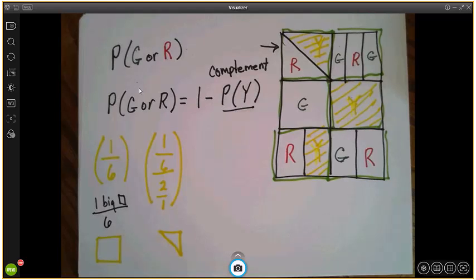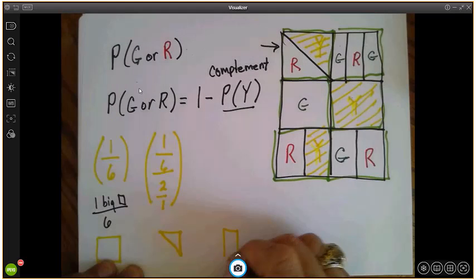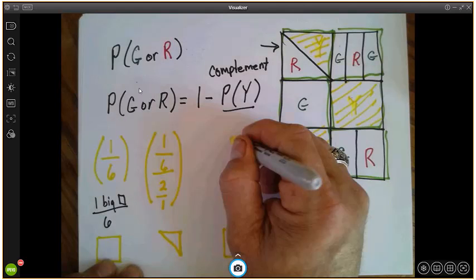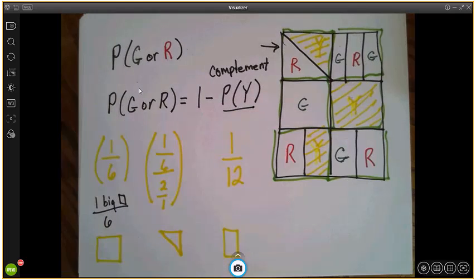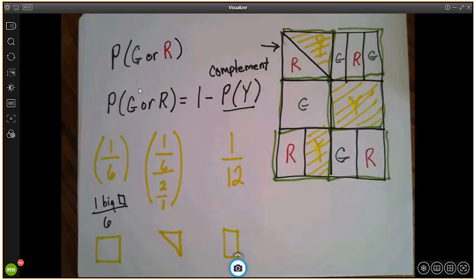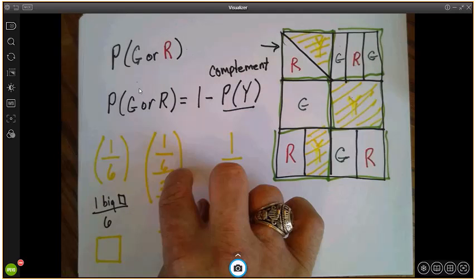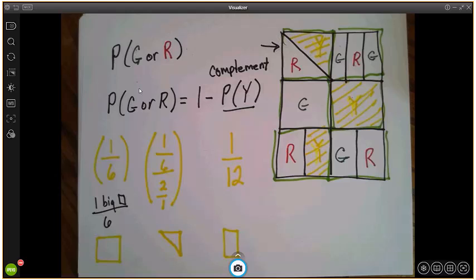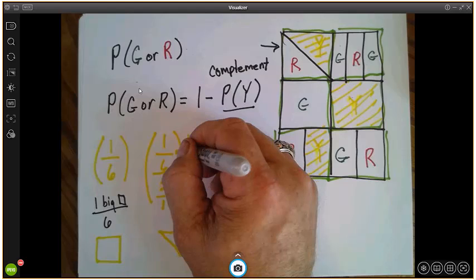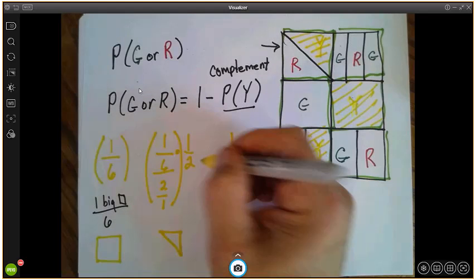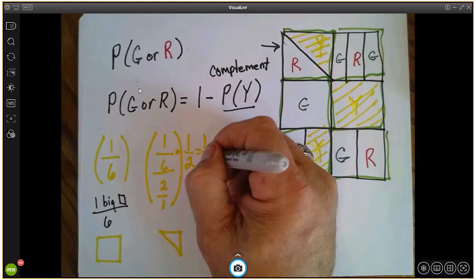So this little one right here is 1/12. So what do you do when you divide a fraction by another fraction? You multiply by the reciprocal. And that's equal to 1/12.